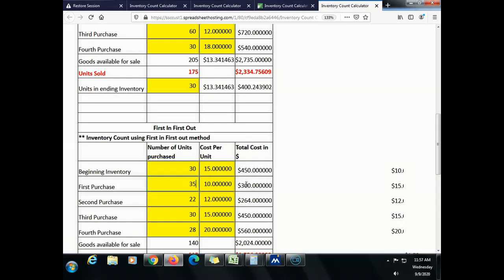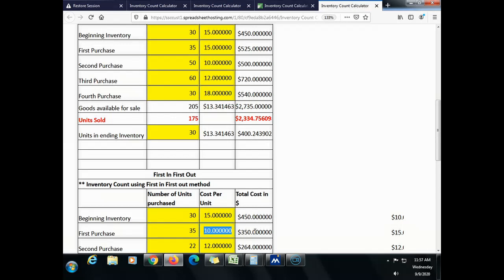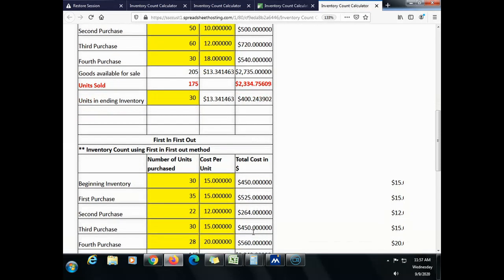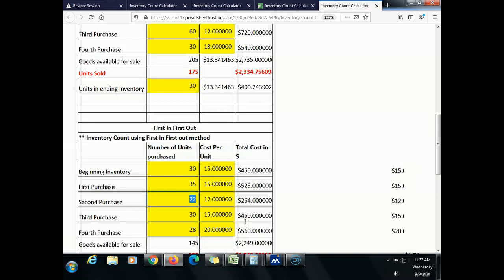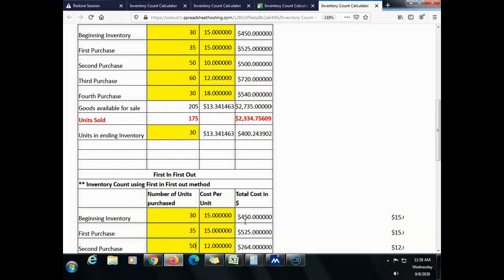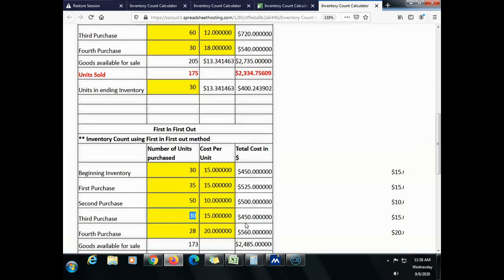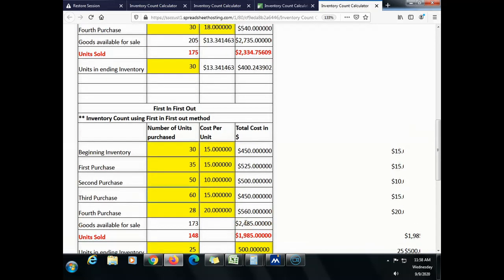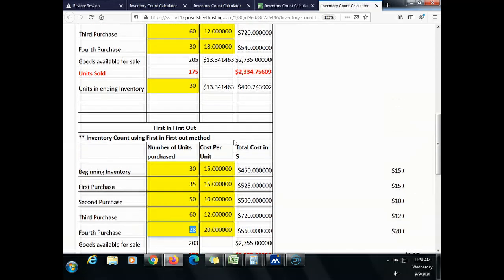Let's say your first invoice shows 35 units at $15 a unit. Second invoice, let's say this shows 50 units at $10 a unit. Third invoice, let's say this shows 60 units at $12 a unit. And on your last invoice, let's say you've got 30 units at $18 a unit.